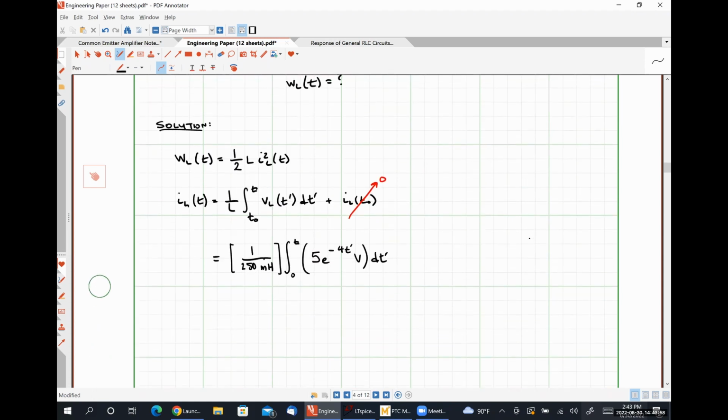So what I'm going to do first is let's break down this 1 over 250 millihenries into its constituent units, okay?